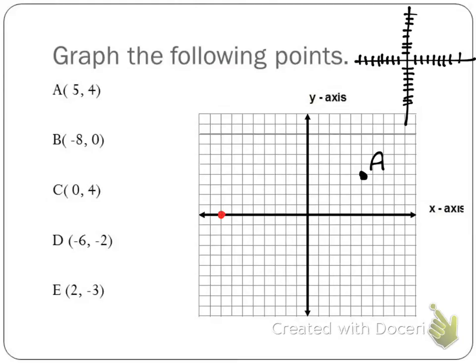So you're just putting a point right there, and we're going to label that point B. Point C is at 0, 4. So what do I do side to side? Go nowhere, and then I go what? Up 1, 2, 3, 4. And I label that with a C.